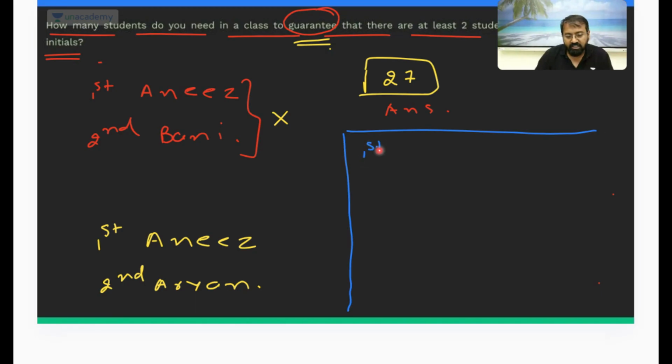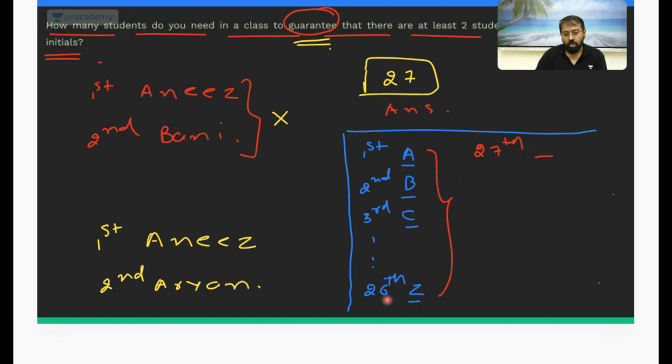The first student in the class has a name starting with A, second student has a name starting with B, third student has a name starting with C, and 26th student has a name starting with Z, right? Now the moment I have the 27th student, can I say the 27th student will have a name starting from one of these letters? So if I have 27 students, it will ensure that at least two students have the same initial. Have you understood this, everyone?